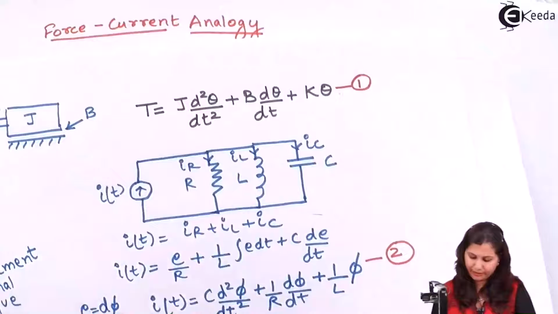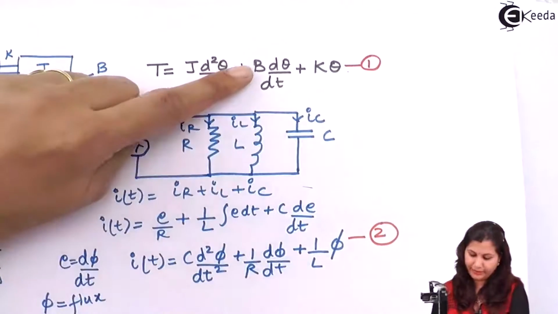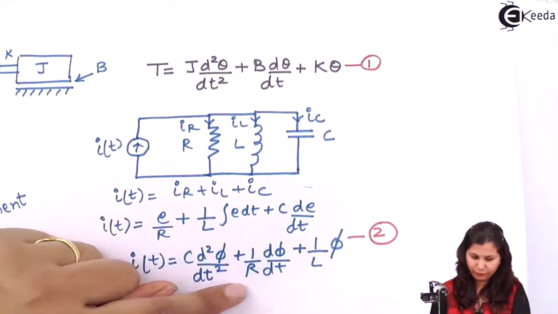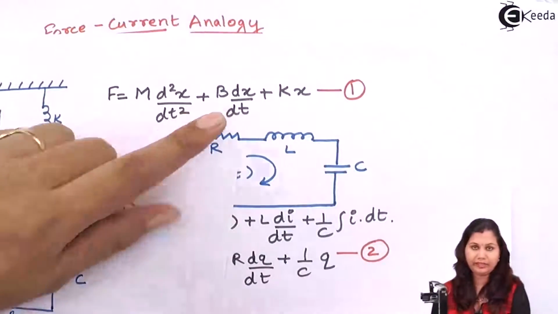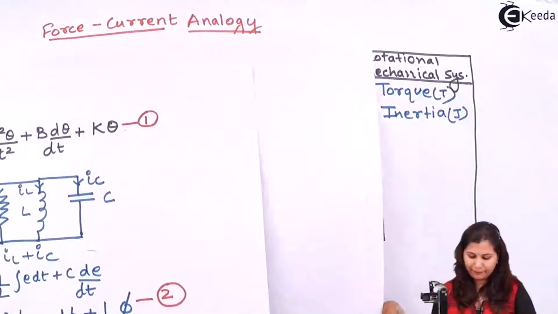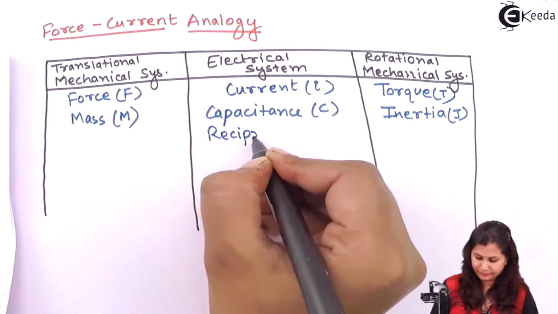Now again compare this, we have d theta by dt, here we have d phi by dt. So damper will be equivalent to the reciprocal of resistance, and here also we have the damper. So both these dampers are equivalent to the reciprocal of resistance.